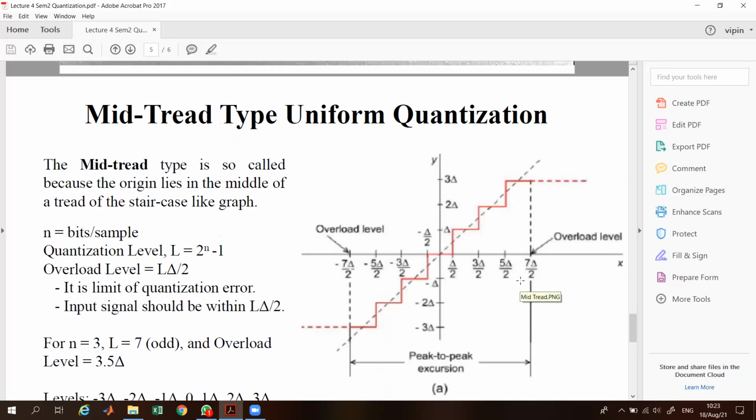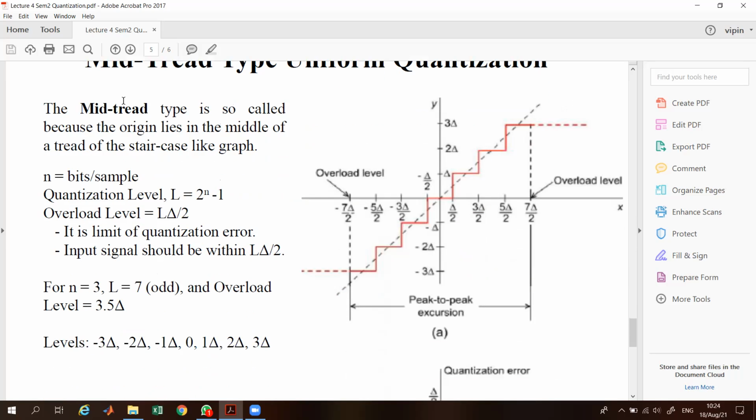This is again the different mid-tread uniform quantization levels. The mid-tread type is so called because the origin lies in the middle of a tread of the staircase-like graph. So it starts from here, delta by 2. If n is the number of bits per sample, then the number of levels is 2 raised to the power n minus 1. Why 2 raised to the power n minus 1? Because it's not starting from 0, it's starting from delta by 2.